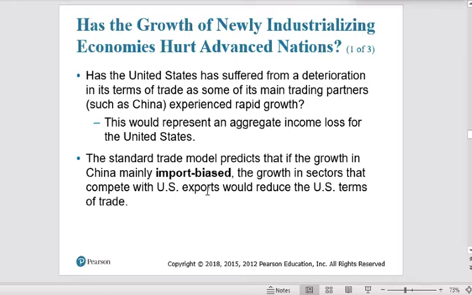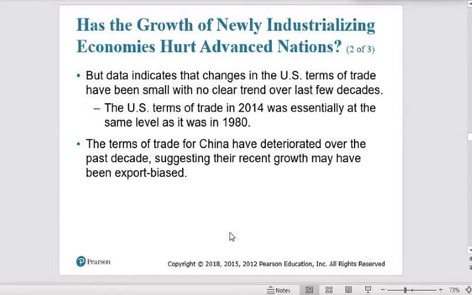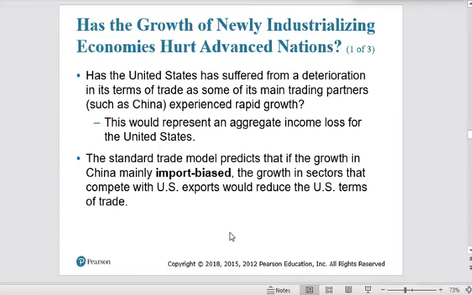If there's growth in the area of the product that you import, you will be happy. And if there's growth in the area where you export, you will find more competition, right? You will receive less money from whatever you sell. So it's not good. Okay.